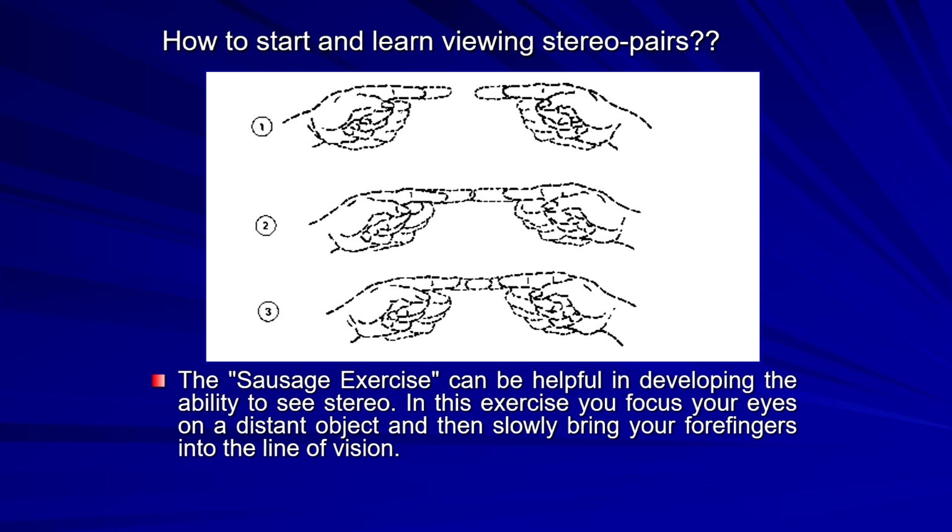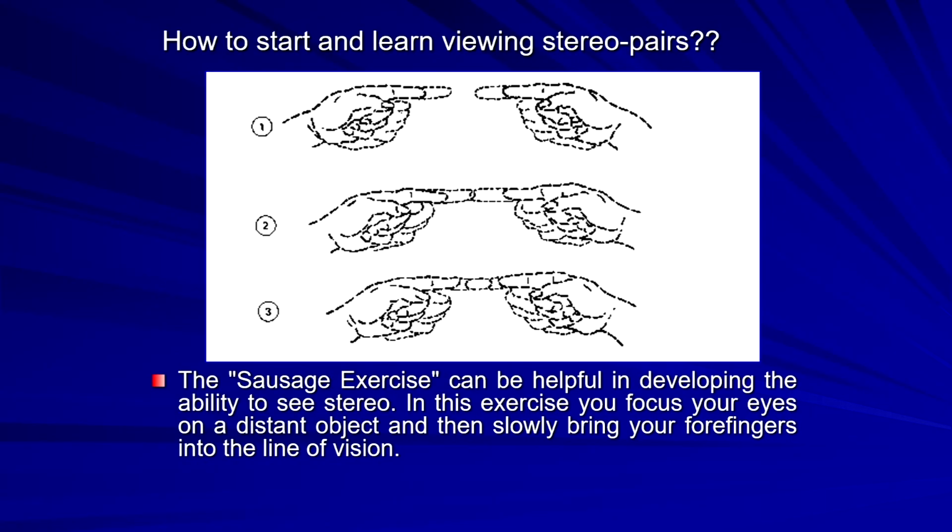This is one exercise which you can do: holding two fingers and bringing them close towards each other, and at one point of time, without touching the fingers, you will find that there is an image formed in the center, and that is floating. That is the three-dimensional image you are looking at. So this you can practice, as has been shown here.